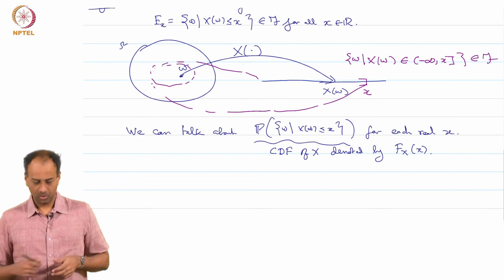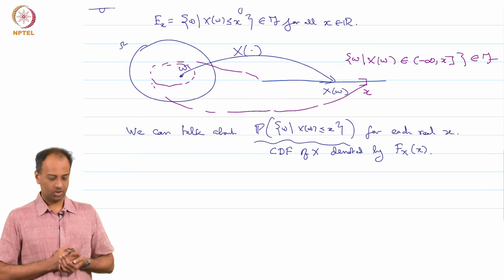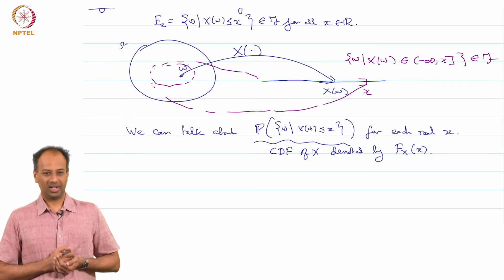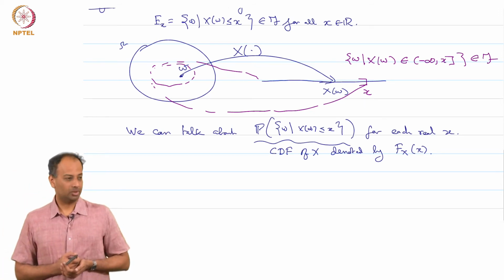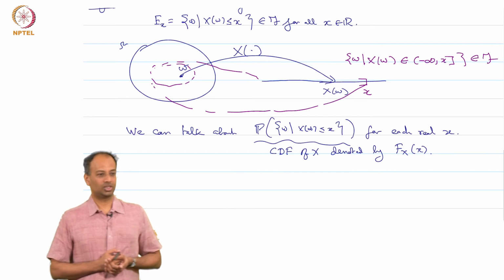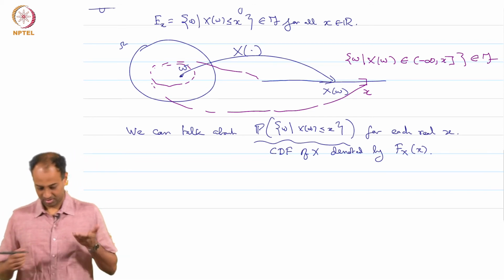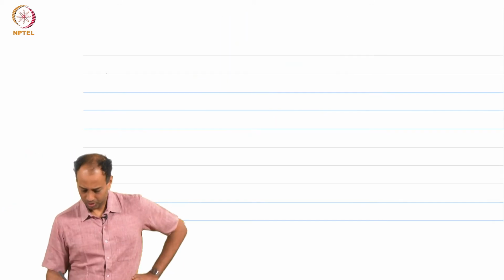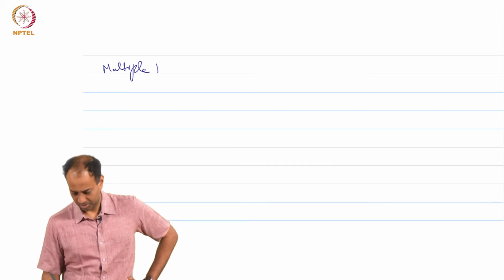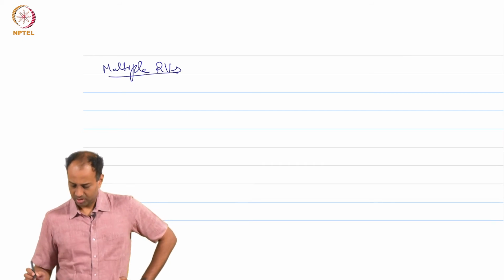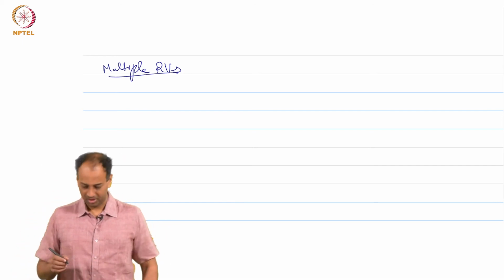Okay. Now, this is talking about one random variable, right. We could of course have multiple random variables on the same sample space omega, F, P. So, if you want to discuss multiple random variables, let us talk about two random variables first.